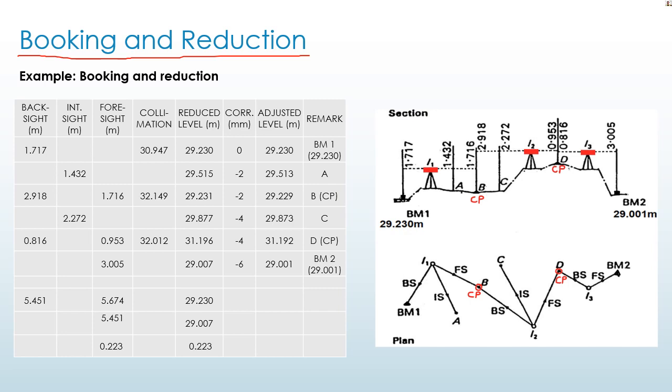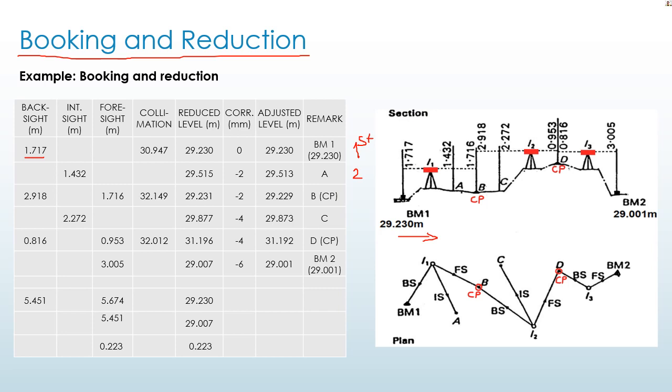So we start with benchmark number 1, that is your first point, and the direction of the leveling run. The reading of benchmark number 1 you write in the first line over here. And when you take the next reading for the next point, you write in the second row.